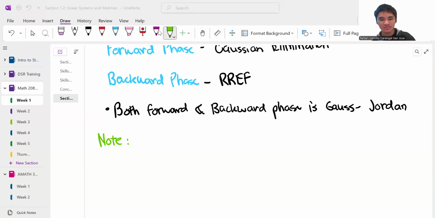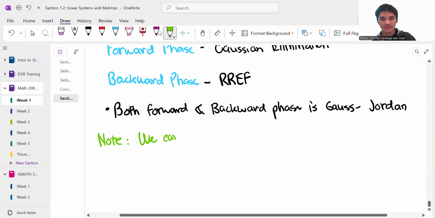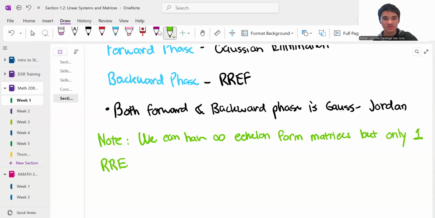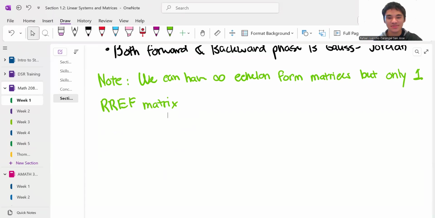So here, you can have infinite echelon form matrices, but only one reduced row echelon form matrix. Yeah, that's what that means.